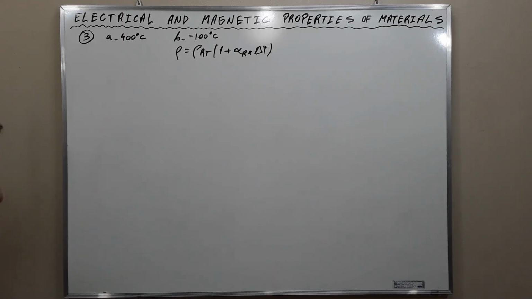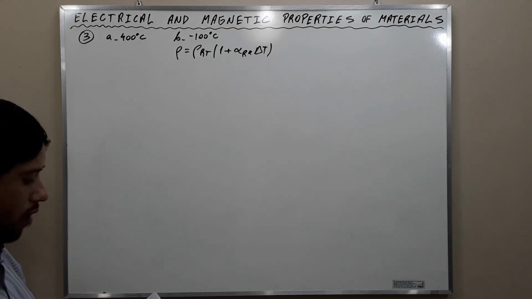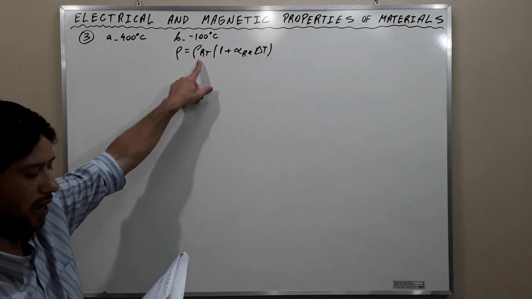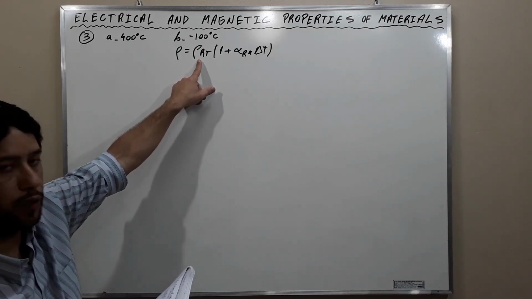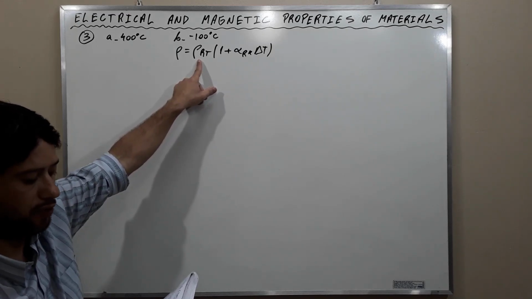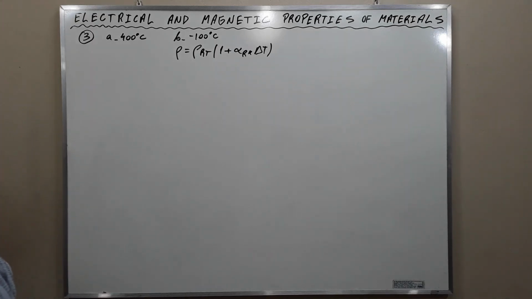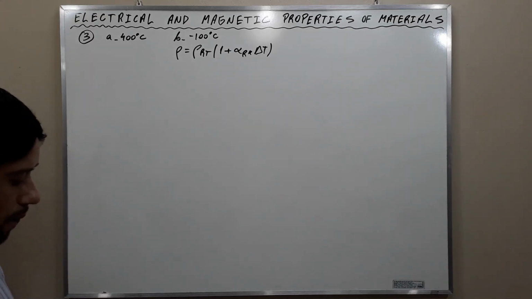If we refer to a table, we find that the resistivity of copper at room temperature is 1.67 times 10 to the negative 6 ohm centimeter.